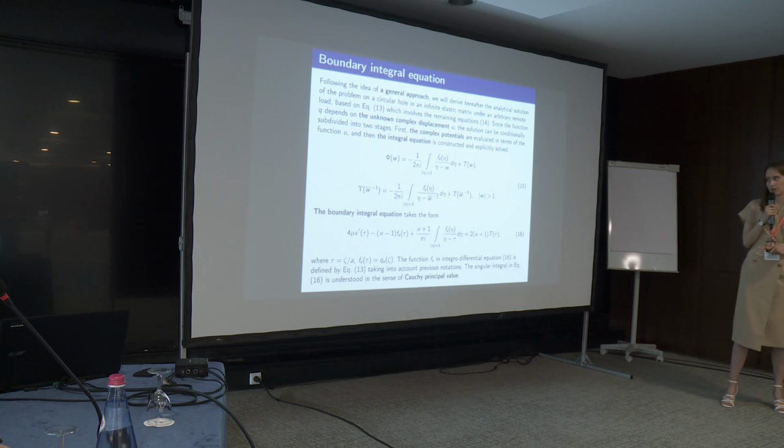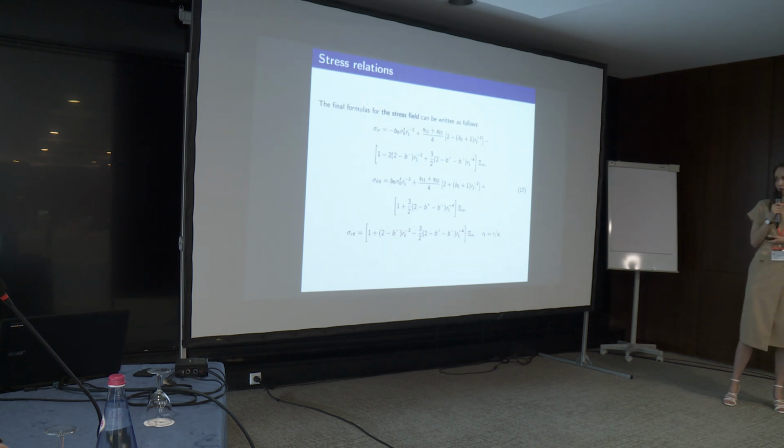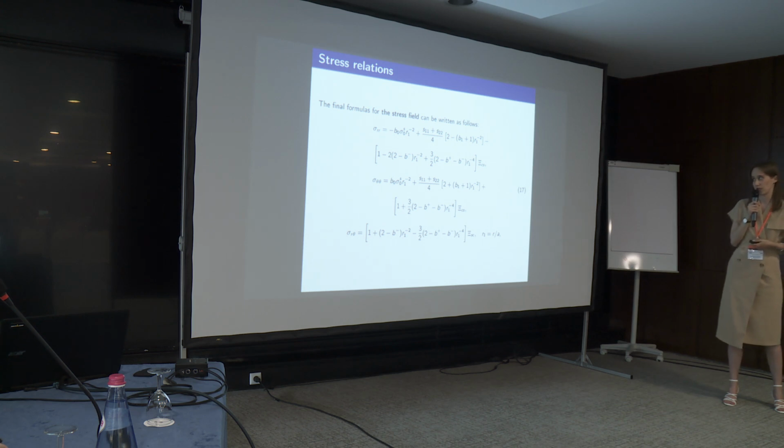So we find this function v, which is equal to displacement u on the unit circle, and after that find the function q. So the final formulas in explicit form to find the components of the stress tensor are the following.